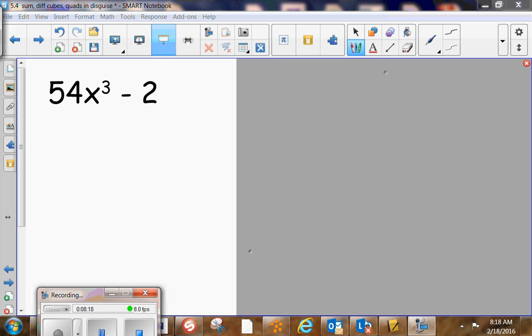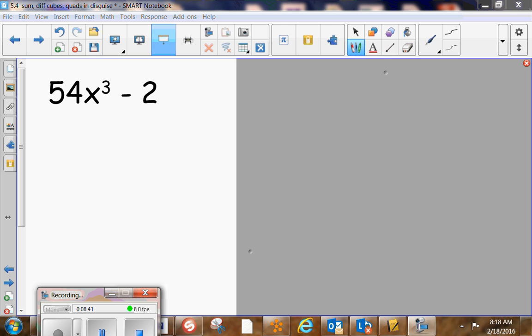All right, what if we have one like this? Now at this point, I would suggest that you use your foldable every time you factor and start with the very first window. Because what does the first window tell me always to try to do? GCF. And this is one of those cases.